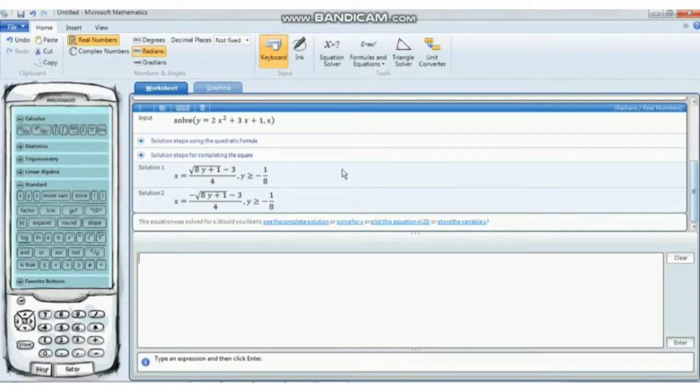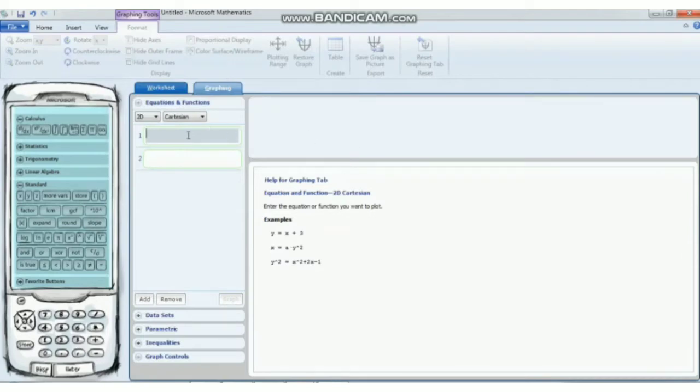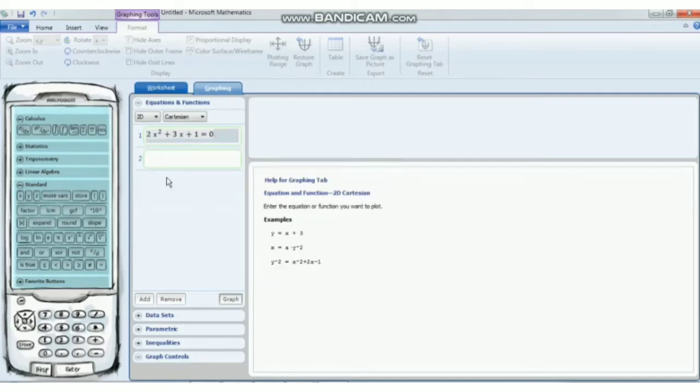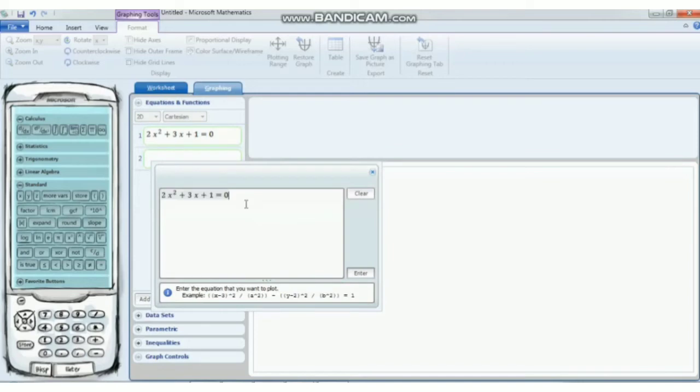And then we graph by writing the quadratic equation that we want to know the graph of: 2x squared plus 3x plus 1 equal to 0. Enter. And the second is 2x squared plus 3x plus 1 equal to y.